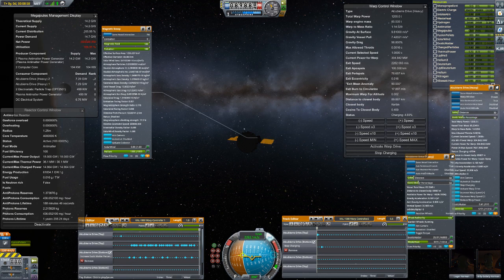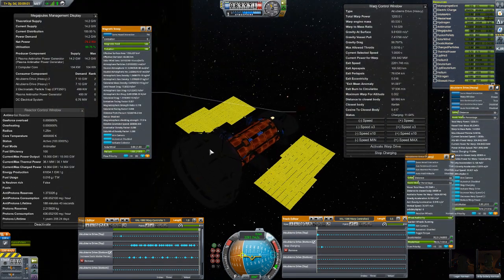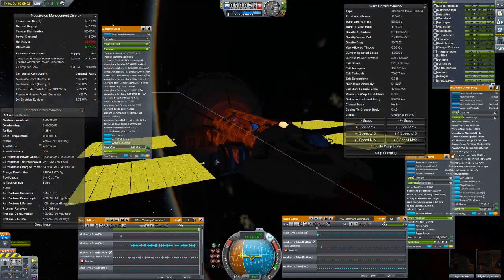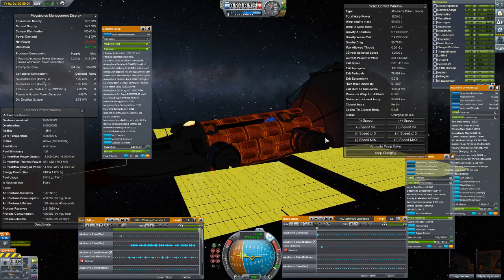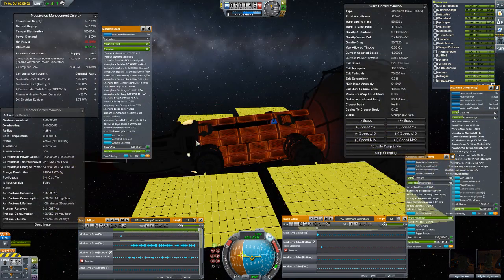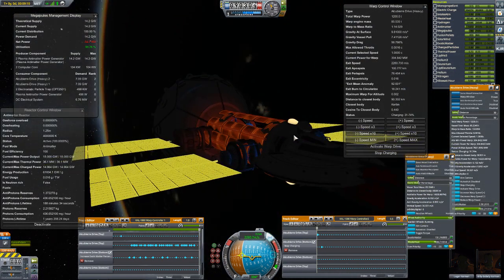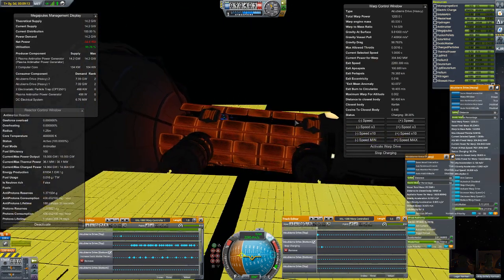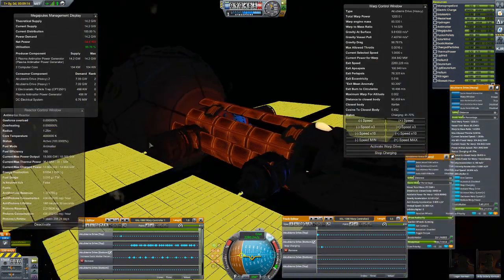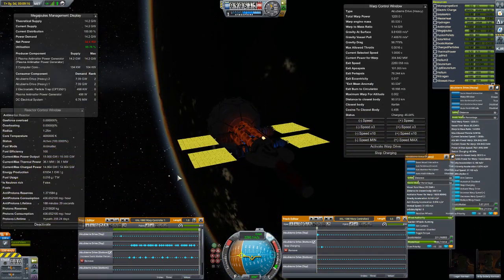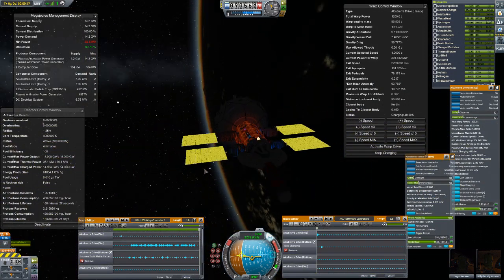There we go. Now this craft is not nearly as boss as Yondu was in the challenge video that I made last night, or this morning rather, but it is good for science. It packs a lot of science, like actionable science, like things that we can go out and get some variables so we can know what's going on with the planet, as opposed to the pseudoscience where it's just like click on it and it gives you a science report.